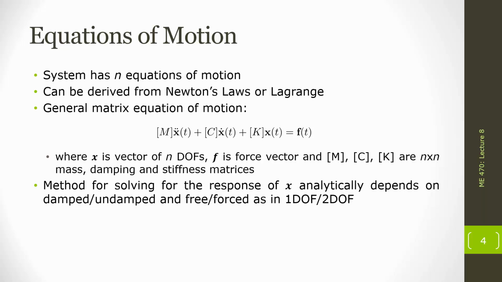Do we have the zero vector on the right-hand side, or do we have some sort of forcing function? And it's also going to depend on whether the C matrix is the zero matrix, or do we have damping in our system? But the types of systems we're going to be looking at in this course are going to mirror what we saw for 2 degrees of freedom in what we're going to be able to solve for analytically.